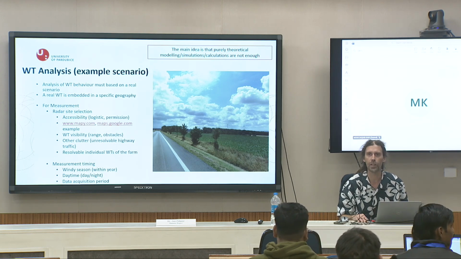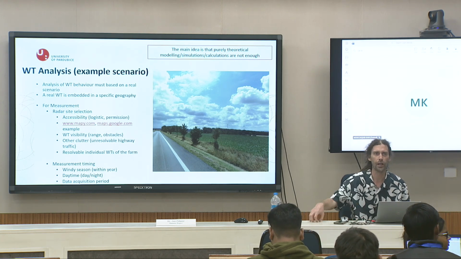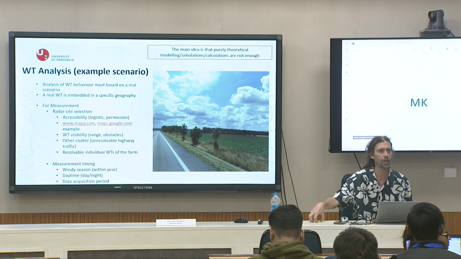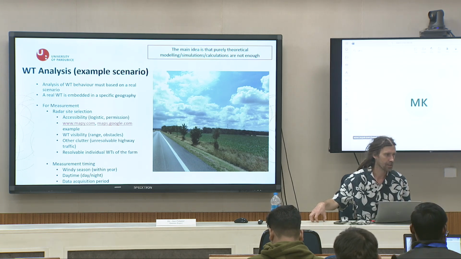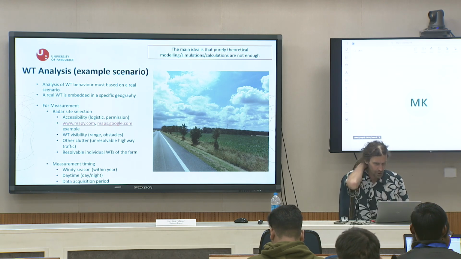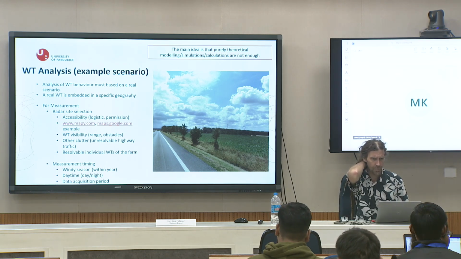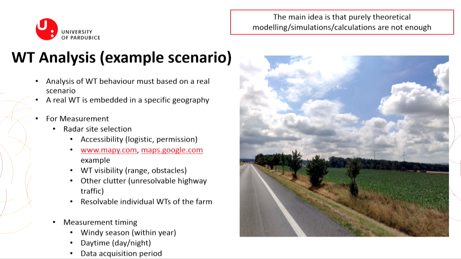It will help you save your time, so that you don't arrive at the measurement place and figure out that it is not a good place. A real wind turbine is also embedded in a specific geography, so you can get information also about trees, about roads.